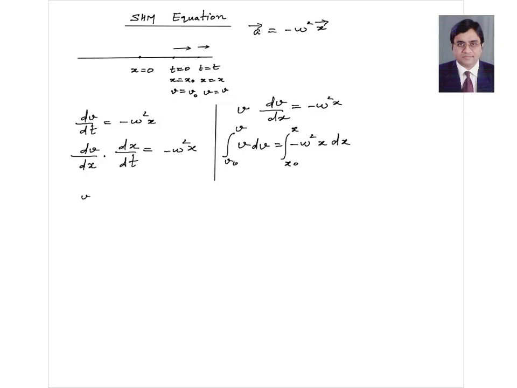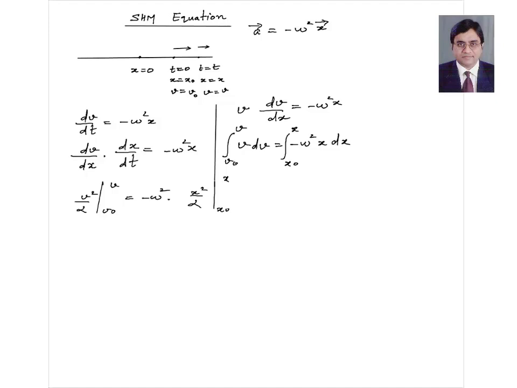Integral will be v square by 2 from v0 to v. Minus omega square is a constant. It comes out of the integral. And then we have x square by 2 from x0 to x.